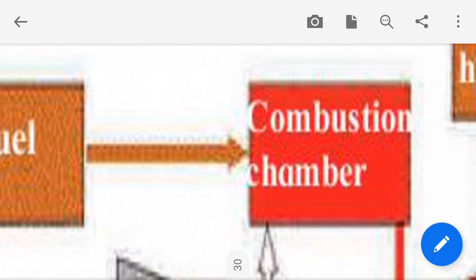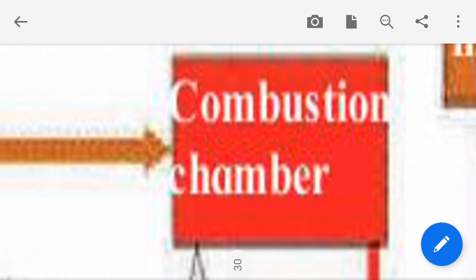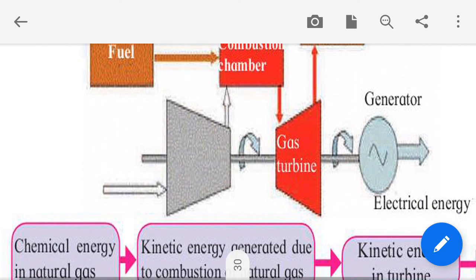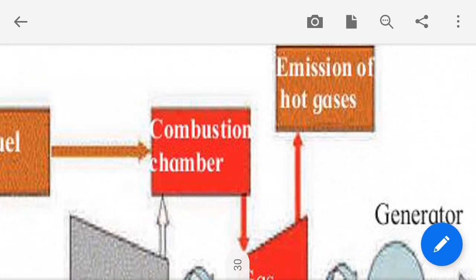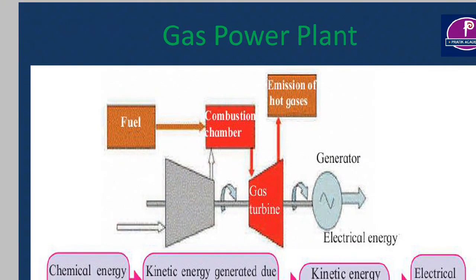By using that fuel in the combustion chamber, we carry out combustion, and the gases which are generated here are passed over this turbine, and we get rotary motion here, and this motion is connected to the generator, so we get electricity as output here. And the gases after passing over the turbine are emitted to the outside. So this is the simple working of a gas power plant.